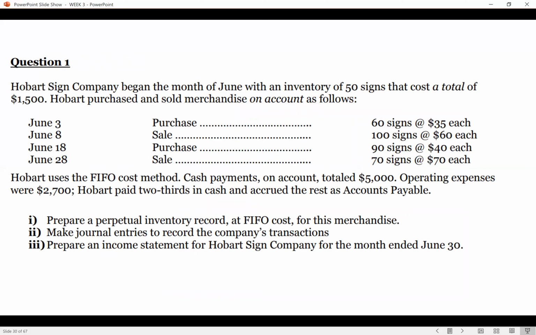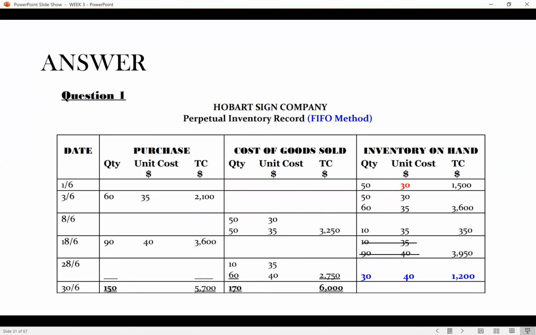So there is nothing else here that is showing us anything to do with our inventory. So we go back to our system and we sum. We close it out for the end of June. June has 30 days. So what we do, we come under our purchase columns, we add everything that we purchased, so we know, okay, for this month we purchased 150, we sum our total cost.